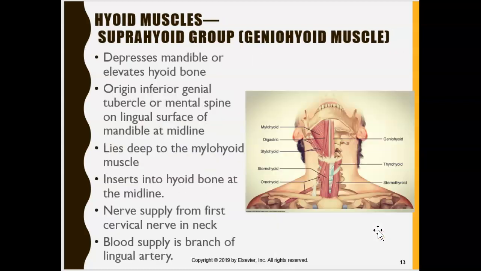So the geniohyoid muscle is attached to the inside of the mandible, right here, and then to the hyoid bone. And that's how it comes up with the name: genio from the genial tubercles and hyoid for the hyoid bone. And what does it do? Well, it does the same thing in that it depresses the mandible. It'll pull the mandible down.